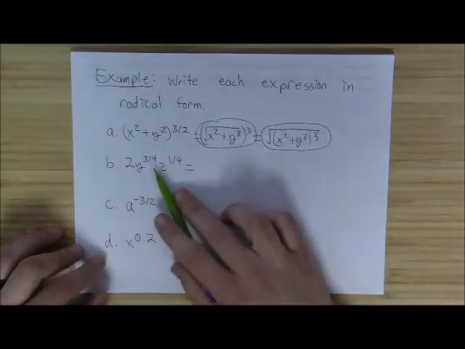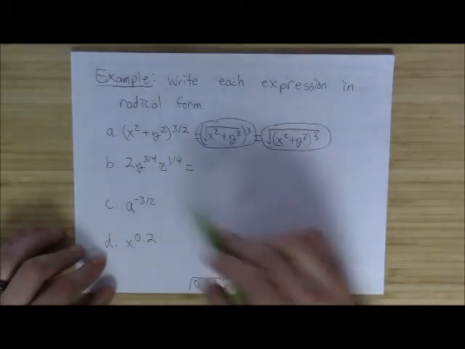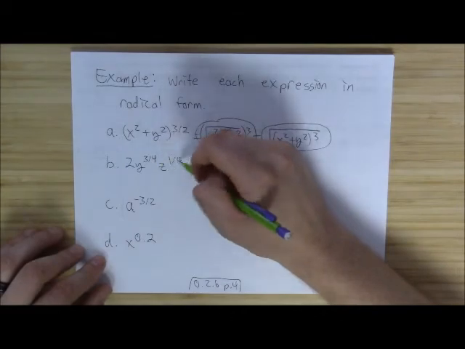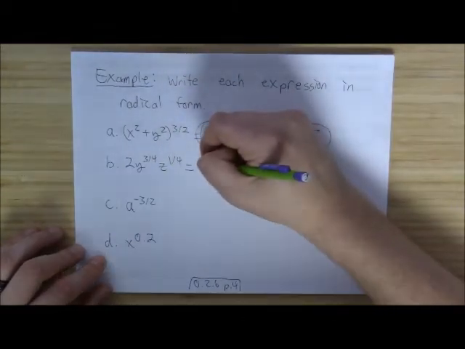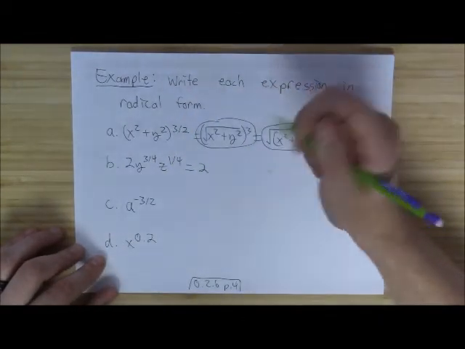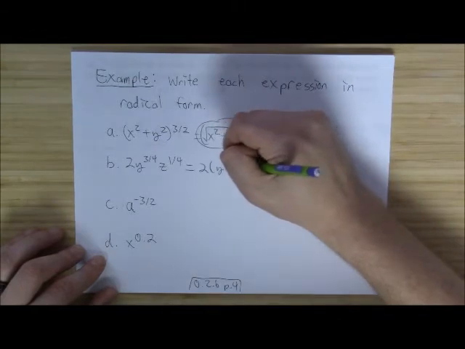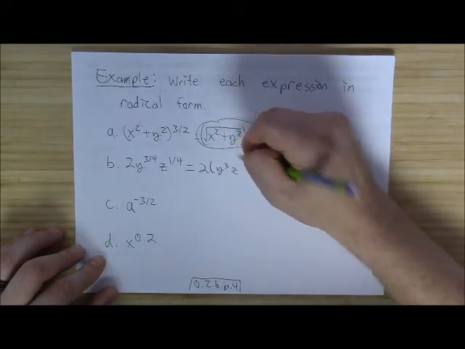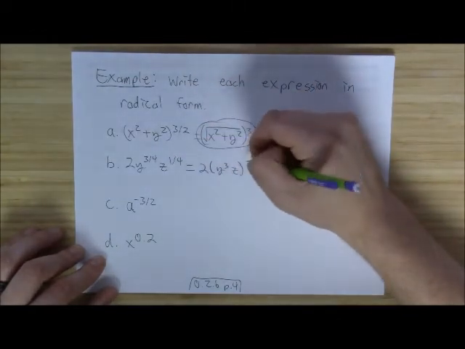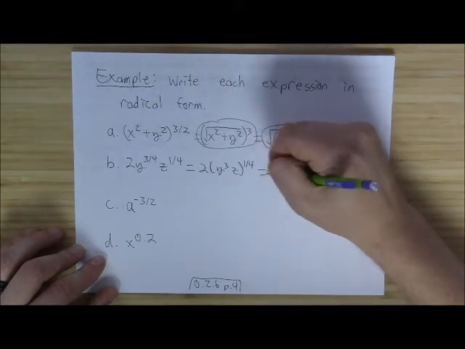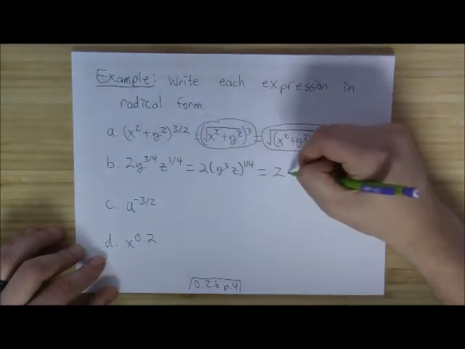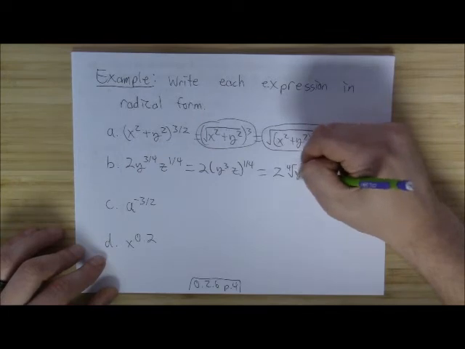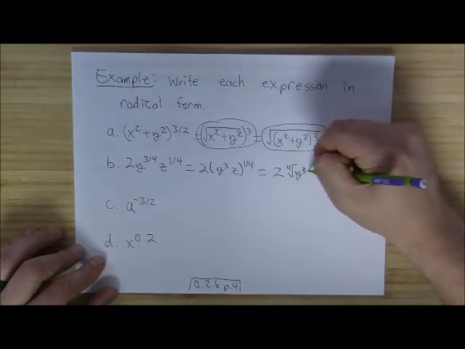For this one, if we go ahead and write this out, what we notice is we can actually bring out a 1/4 times everything, but the 2 has to stay there, and we have y cubed z to the 1st, all to the 1/4. But then that means we could write it as 2 times the 4th root of y cubed times z.